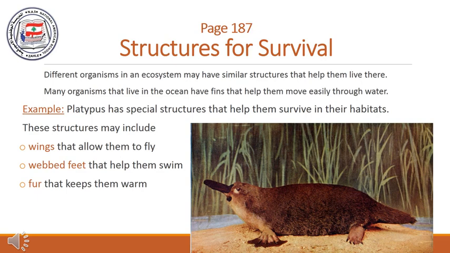These structures may include wings that allow them to fly, webbed feet that help them swim, and fur that keeps them warm. So this is a picture of a platypus. It lives in only one small area of the world. These animals make their homes in wetlands throughout the island of Tasmania and the coast of Australia.